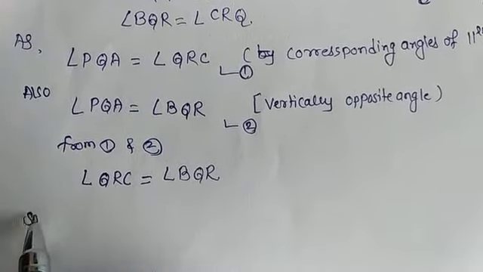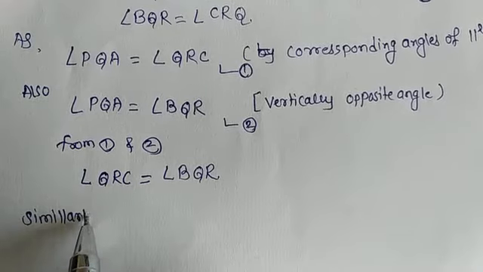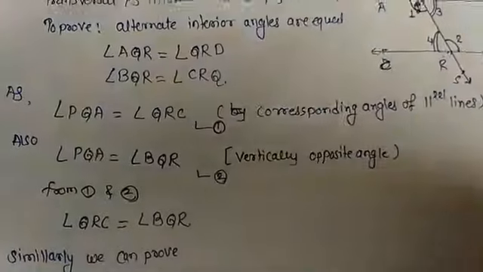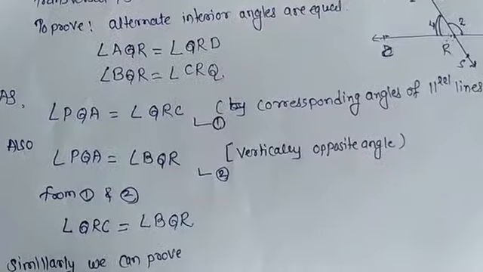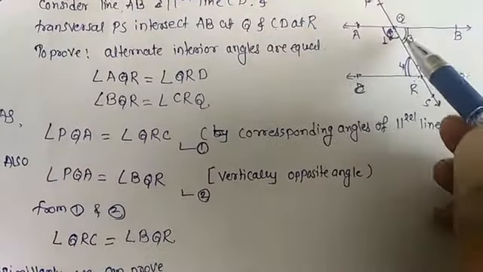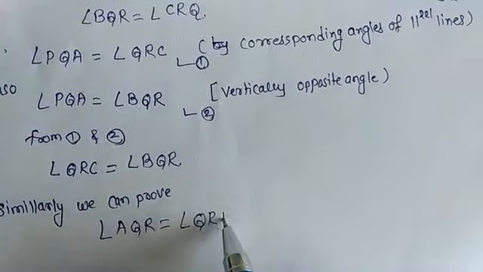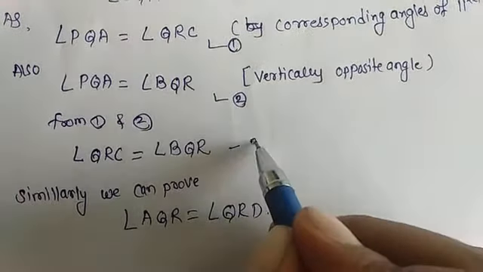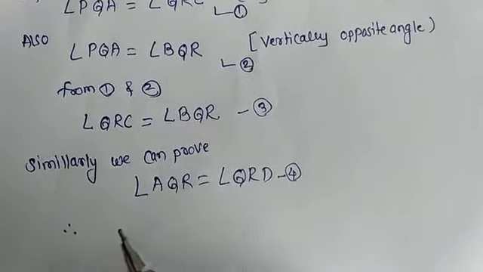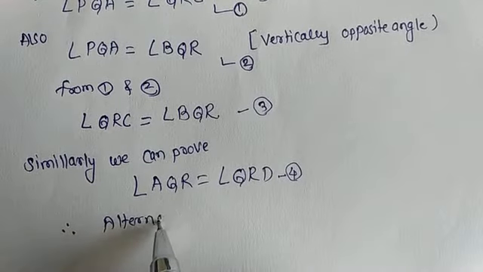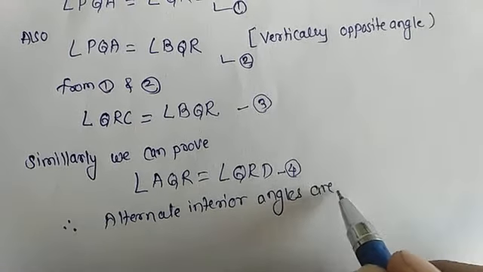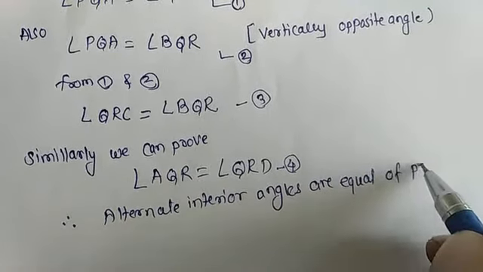Also, similarly we can prove angle AQR is equal to angle QRD. So from 3 and 4 you can write that alternate interior angles are equal for parallel lines.